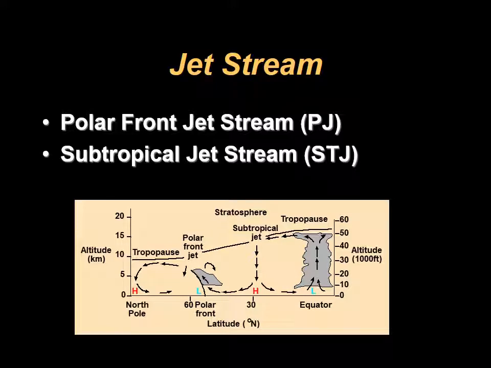There are a lot of different types of jet streams, as I mentioned, but for synoptic meteorology, we're going to focus on the polar front jet stream and the subtropical jet stream. This picture shows you the subtropical jet stream is found at a lower latitude and a higher altitude. The polar jet stream is found farther north, so that's a higher latitude, but a lower altitude.